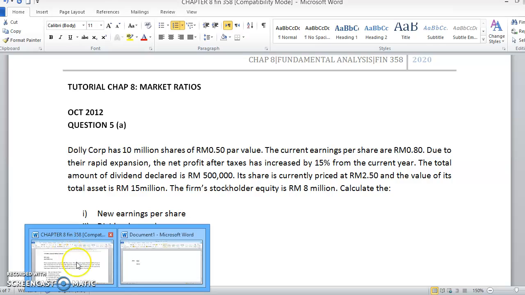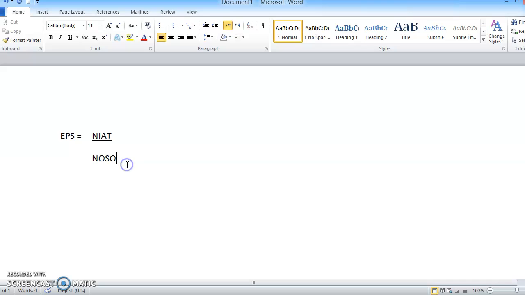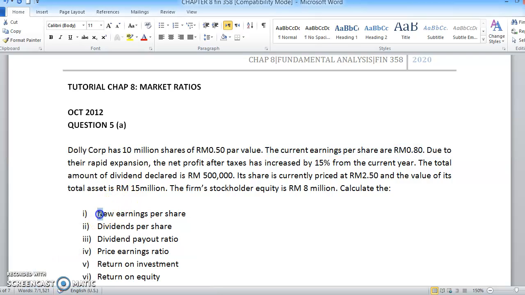However, in these questions, let's see what information is given. The current EPS is RM 80 cent. So we list down the information, the current EPS. But the question still asks, what is the new earnings per share?